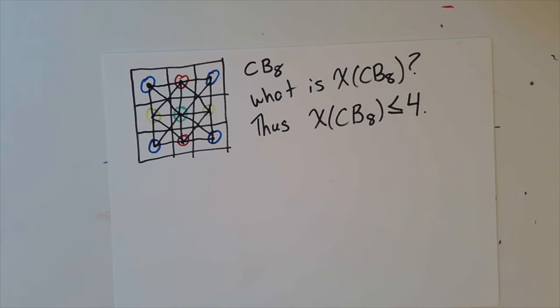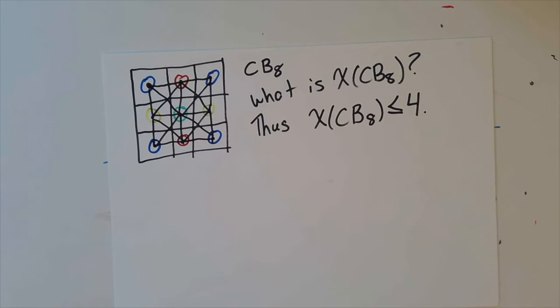Okay, now, how do I know the chromatic number isn't 3? Well, that means I need to find a subgraph of this graph whose chromatic number I know is 4. And if you just think briefly through what are the graphs whose chromatic number I know is 4, the graph whose chromatic number we know is 4 is the complete graph on 4 vertices.